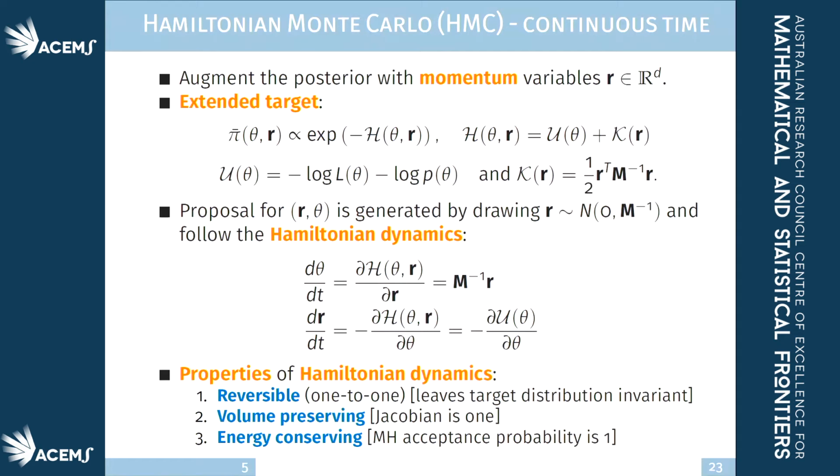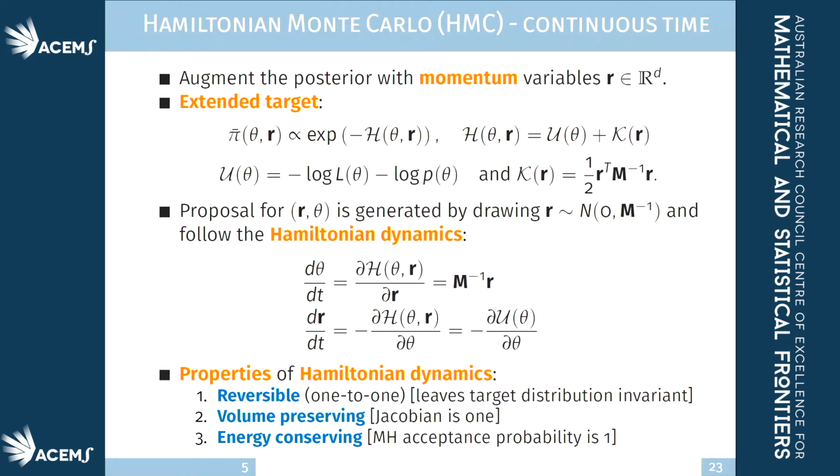dimensional theta is to use Hamiltonian Monte Carlo, where you introduce a latent variable, which is the momentum variable, and now you expand the space, so you've now got an augmented posterior with theta and r in it, where r is the momentum variable, and you define this pi bar theta r as the augmented target.